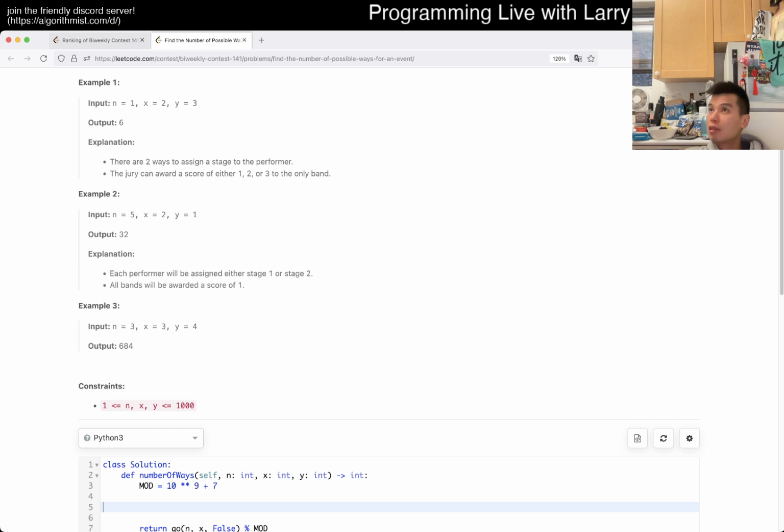Okay, so it has to be at least 27, but then the y is the hard part. How many of those 3 to the 27 has only one group, and then how many of the 27 has 2 groups?